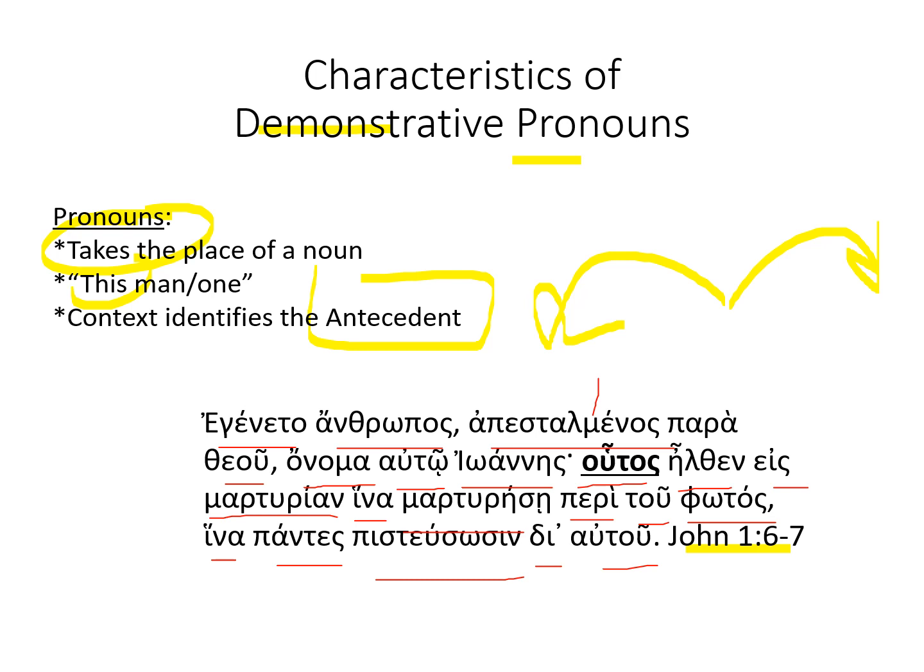When we find the verb here, egeneto is a verb, there was a man, anthropos, remember what anthropos? Yeah, that's a masculine singular nominative. There was a man, it's the subject of egeneto.